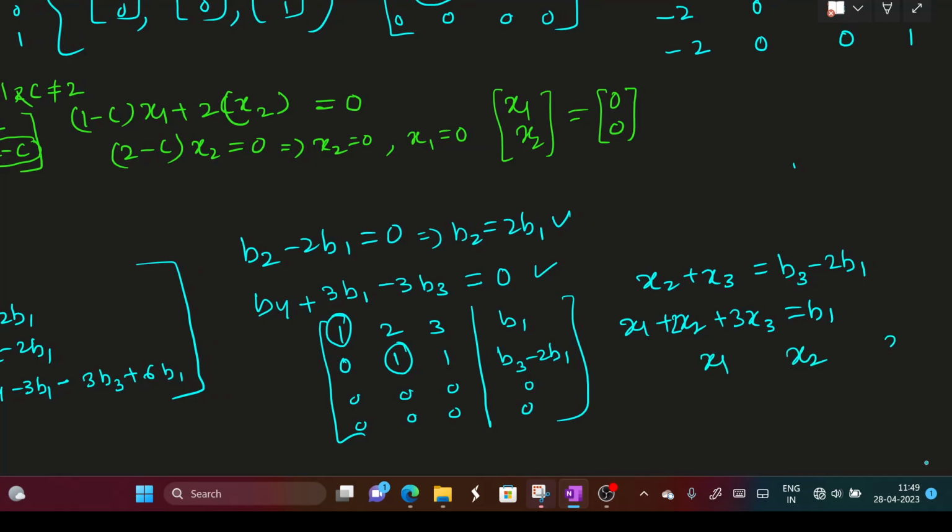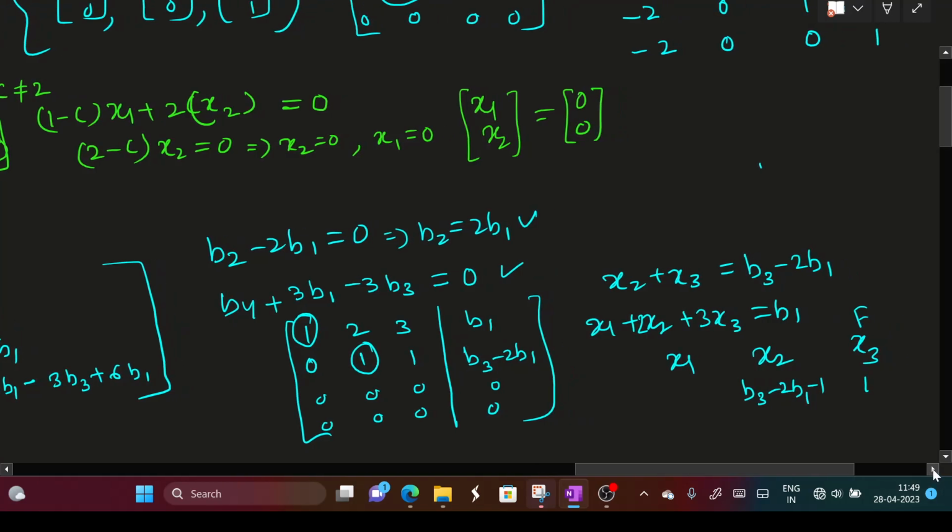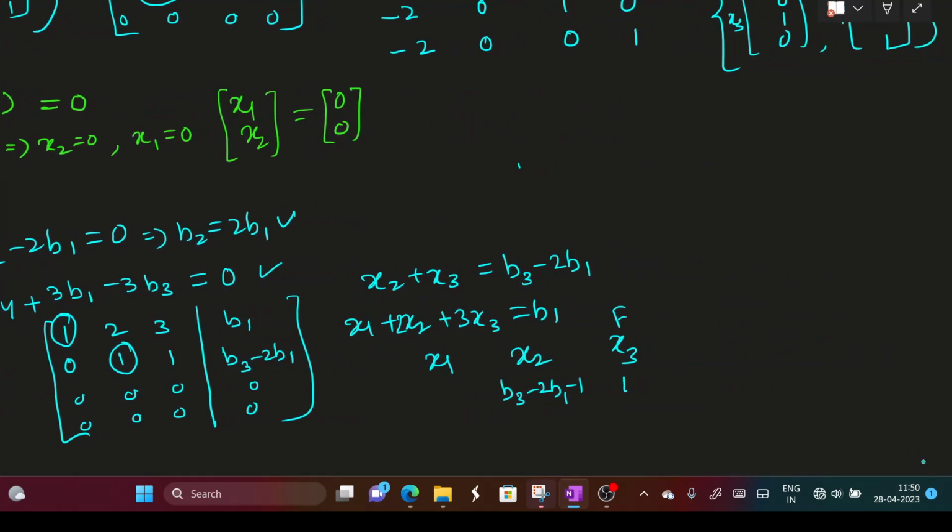x1, x2, x3. This is my free variable. Here I will assign the value 1. That means what about my x2 value? b3 minus 2b1 minus 1. Let us substitute that value in this equation. So x1 is equal to b1 minus 3 minus 2 times (b3 minus 2b1 minus 1).